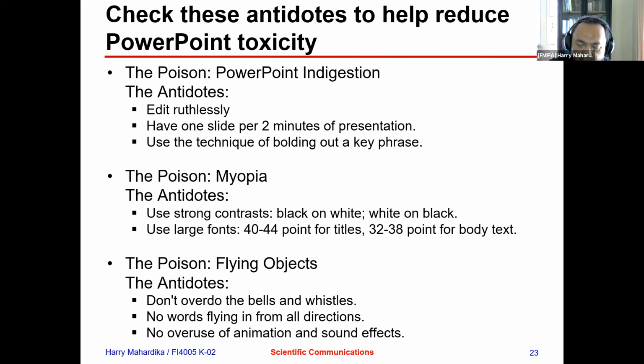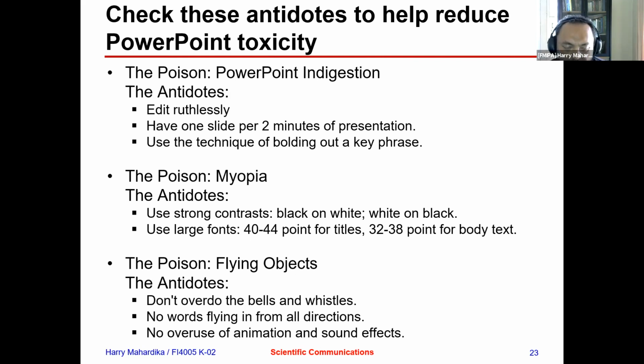Sometimes it gives them headaches or makes their vision unclear. So make sure you use an appropriate font size so that people sitting at the back of your meeting room can see all of the explanation given.